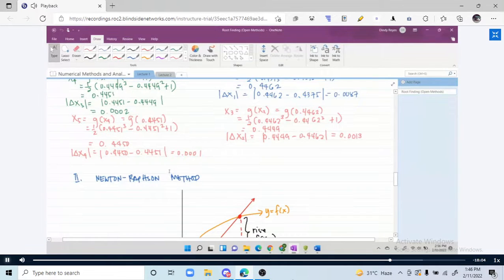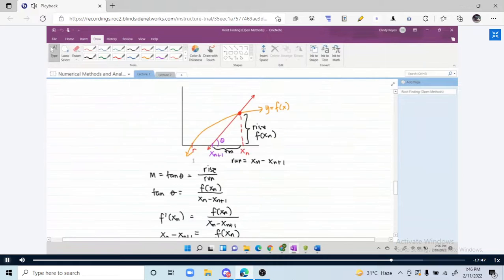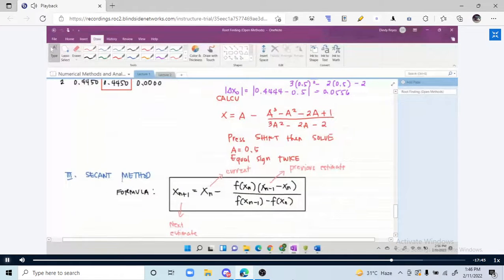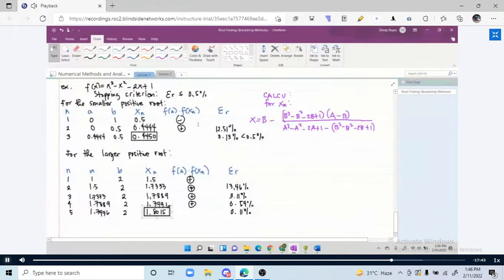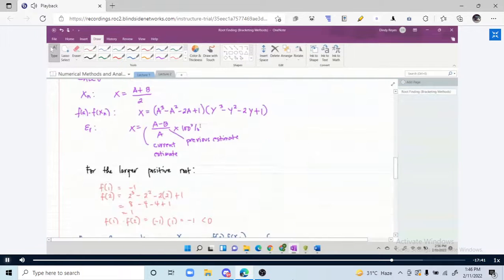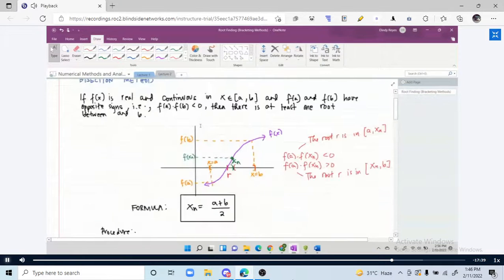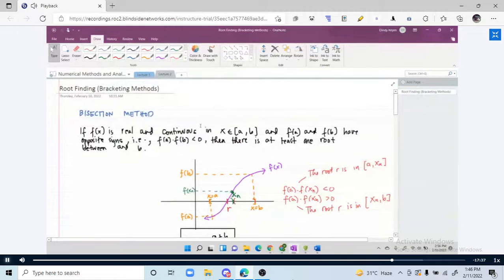So Newton-Raphson method is actually the fastest to converge among the 5, as long as you pick your initial approximate correctly. Okay? For a good choice of initial approximate, this is really very, very fast to converge. Okay, and then the secant method. And then 2 for the bracketing method. One is bisection, the other one is regular fallacy. All right?